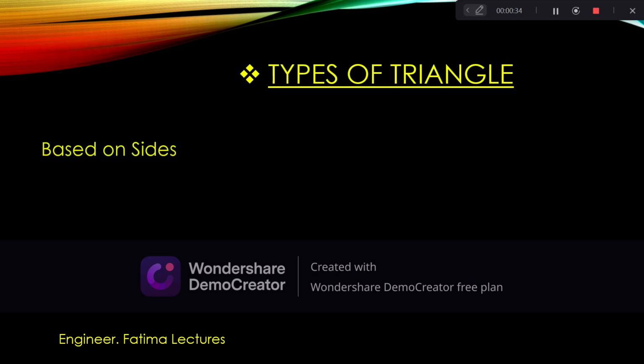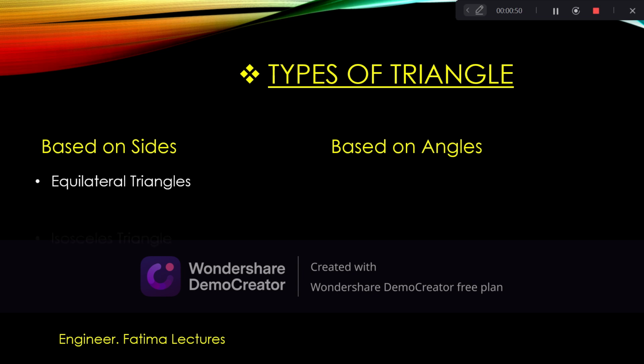There are a total of 6 types of triangle. 3 types of triangles are based on sides and 3 types of triangles are based on angles. When we talk about types of triangles based on sides, there are 3 types: equilateral triangle, isosceles triangle, scalene triangle.